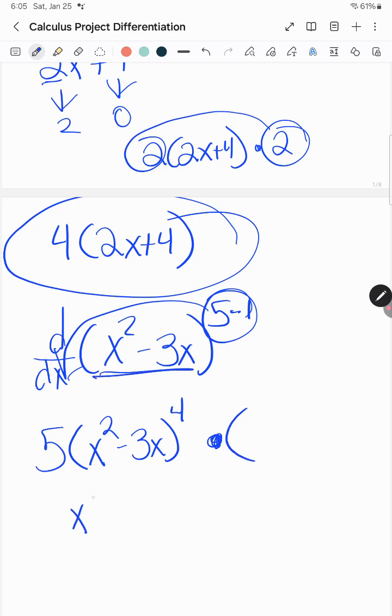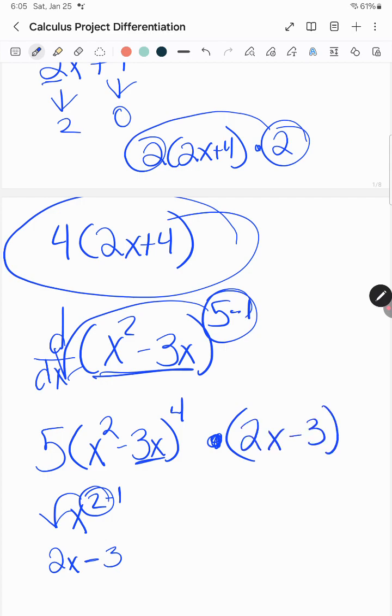The inside term, we've got x to the second, and we're going to have to apply the power rule to this one, and we're going to get 2x, and then 2 minus 1 is 1, so it would be 2x raised to the first, but we don't need to write that. And then for this term right here, we're going to have minus, we just bring the leading coefficient down, so it's going to be 2x minus 3.